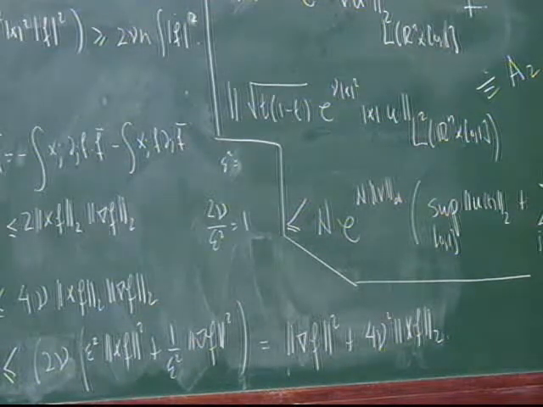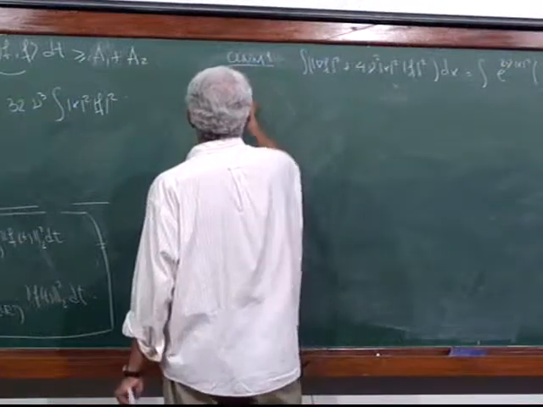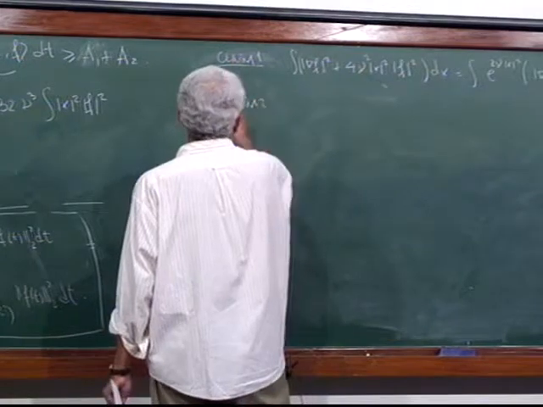Okay. Therefore, you have that and you have this together. Claim 2 is this one.